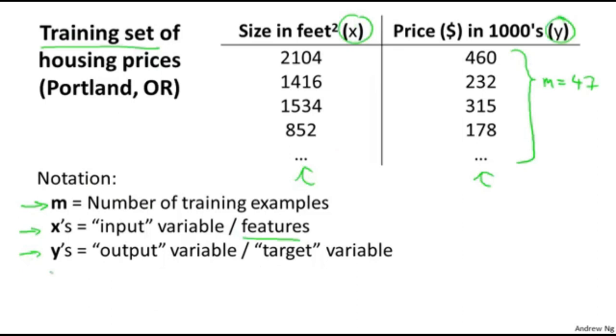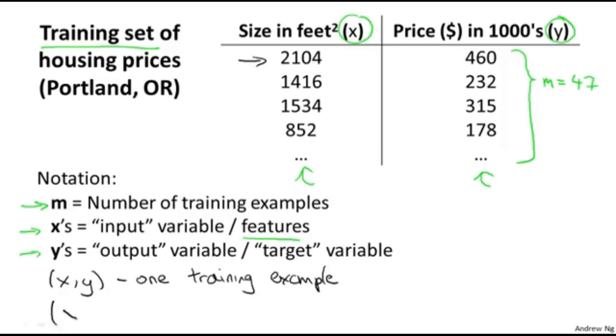A little bit more notation. I'm going to use (x, y) to denote a single training example. So a single row in this table corresponds to a single training example. And to refer to a specific training example, I'm going to use the notation (x^(i), y^(i)) to refer to the ith training example.